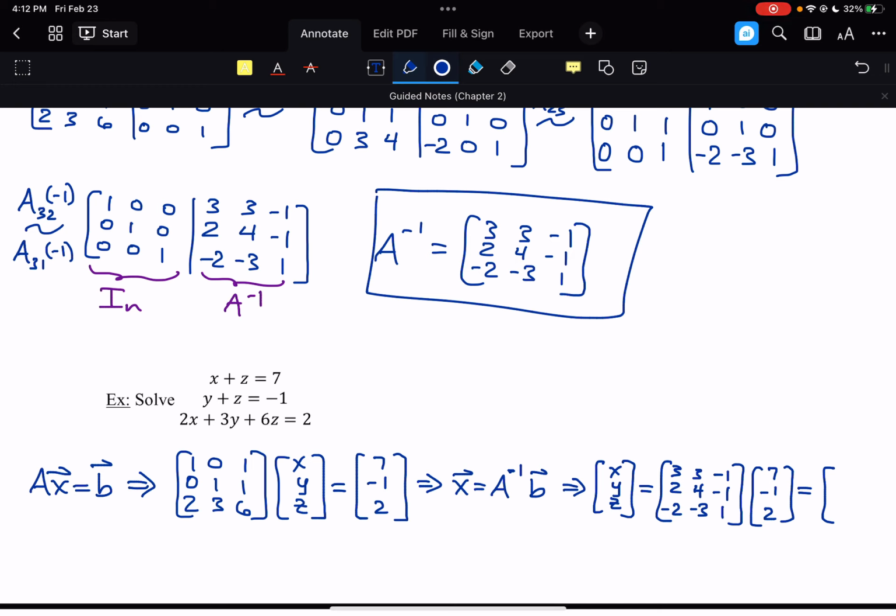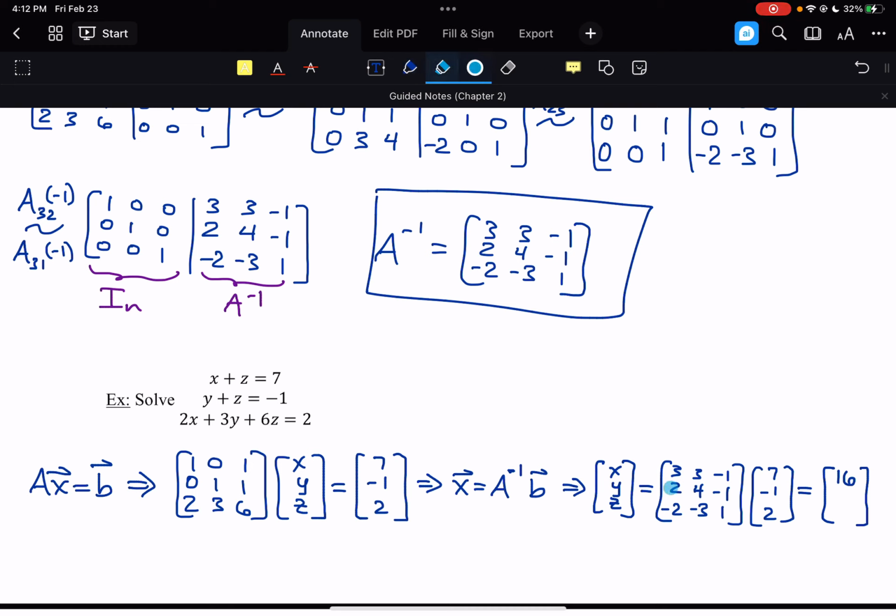And if we go ahead and perform this multiplication, we go first row, first column. So that's going to be 21 minus 3 minus 2. So that's 16 for the first component.